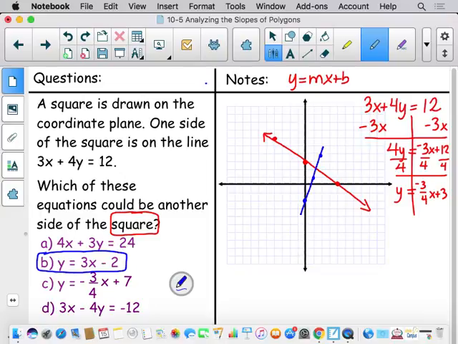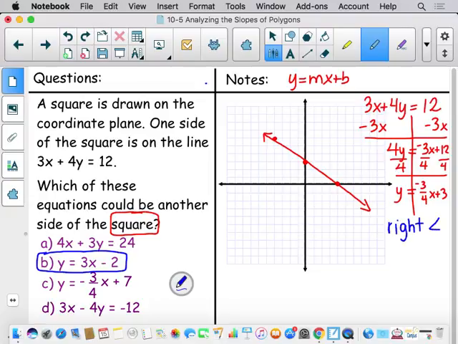My question would be, did that create a right angle? No, that didn't create a right angle. To create a right angle, I would have to have another side that had a slope that was the opposite reciprocal. Remember, right angles mean perpendicular.